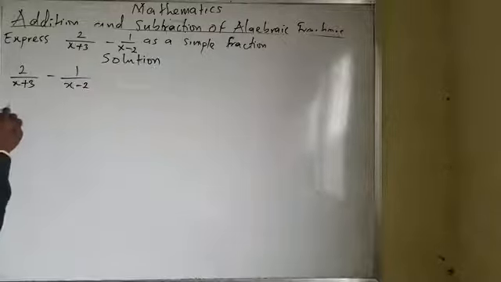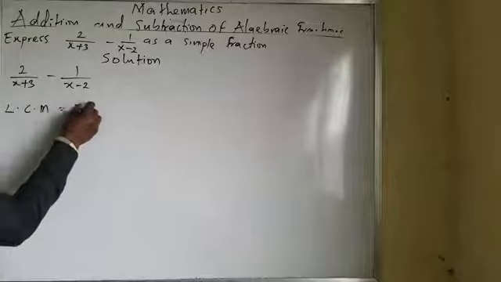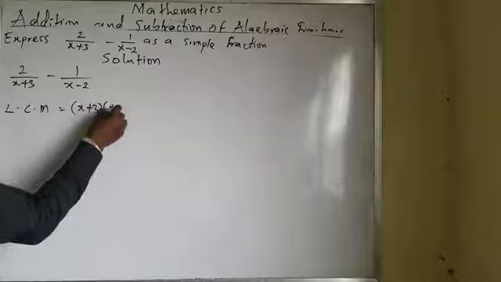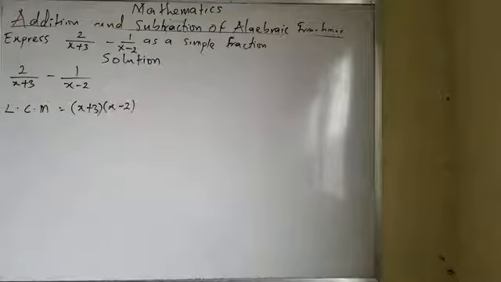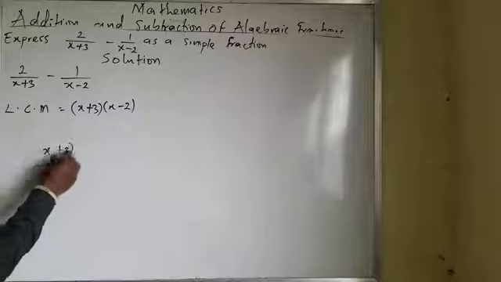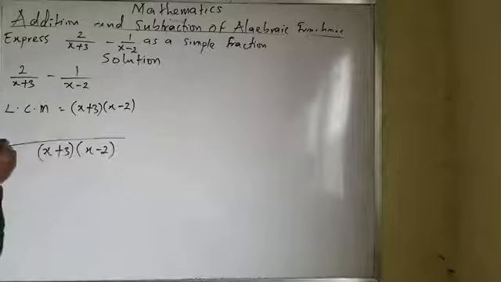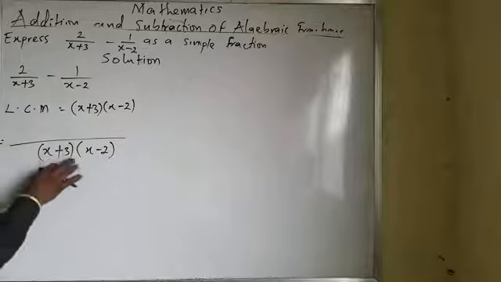The first thing I will need is to find the LCM. My LCM will be x plus 3, x minus 2. Take note of that. It means I will have x plus 3, x minus 2, which is equal to this in this.